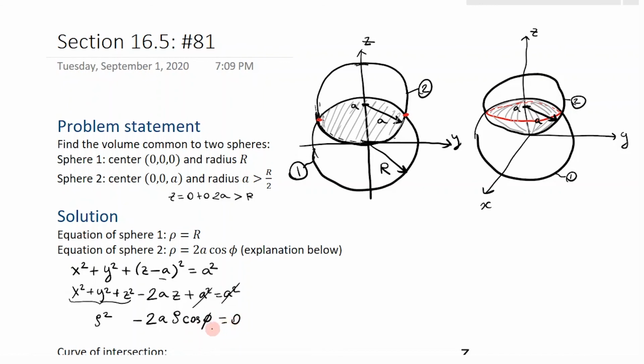We don't need to worry about rho equals 0, since that is just one point at the origin, so we can cancel this rho and write rho equals 2a cosine phi.